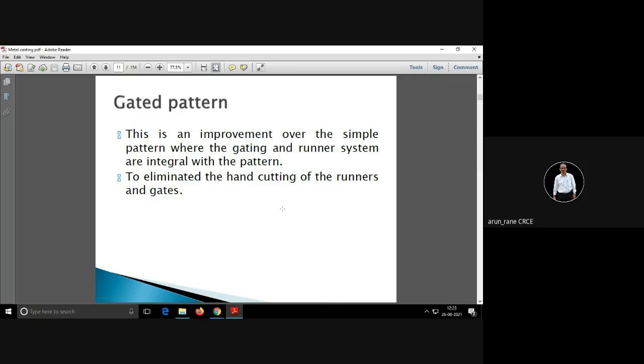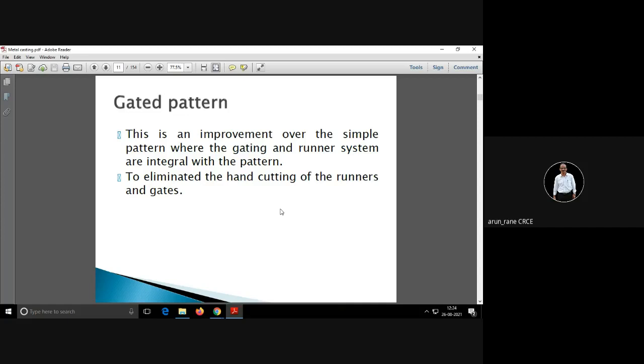There is a mouth, then the esophagus, then the liver, then the small intestine, then the bigger intestine. So similarly in casting you have a feeding system. You have the sprue, then the main runner, then the secondary runner, then the gate, then the branch gate. This whole thing makes the feeding system.